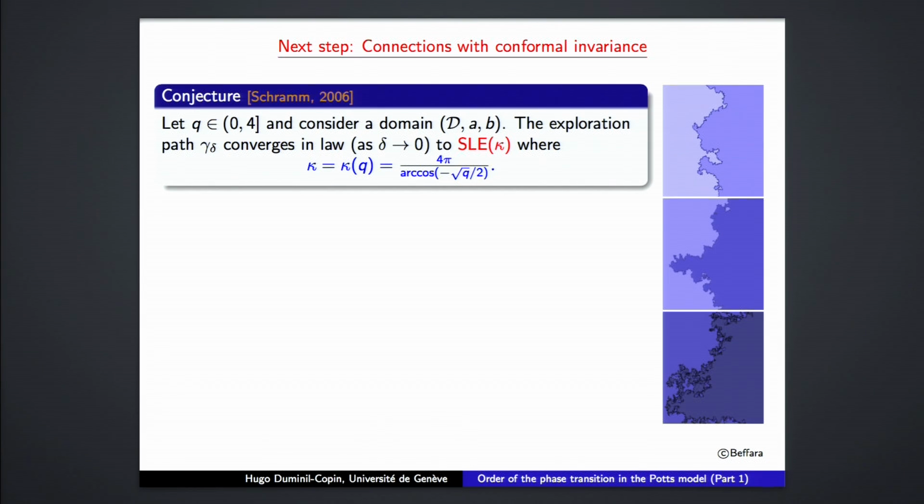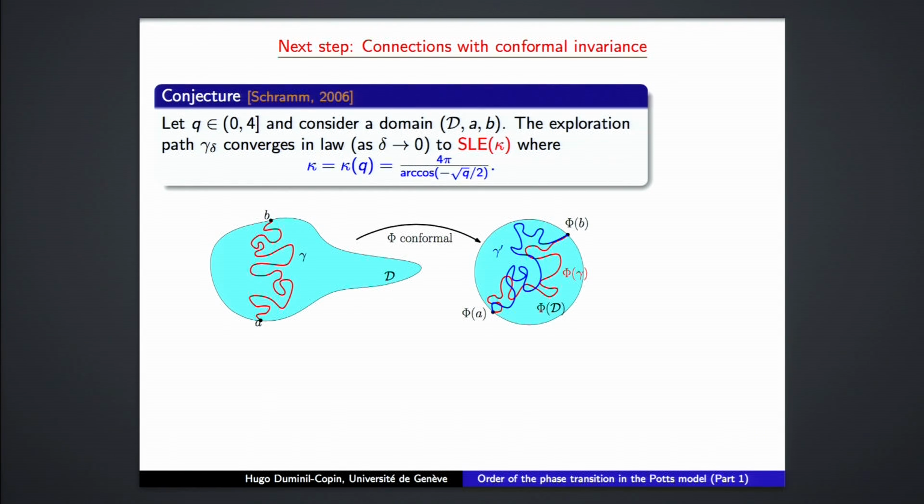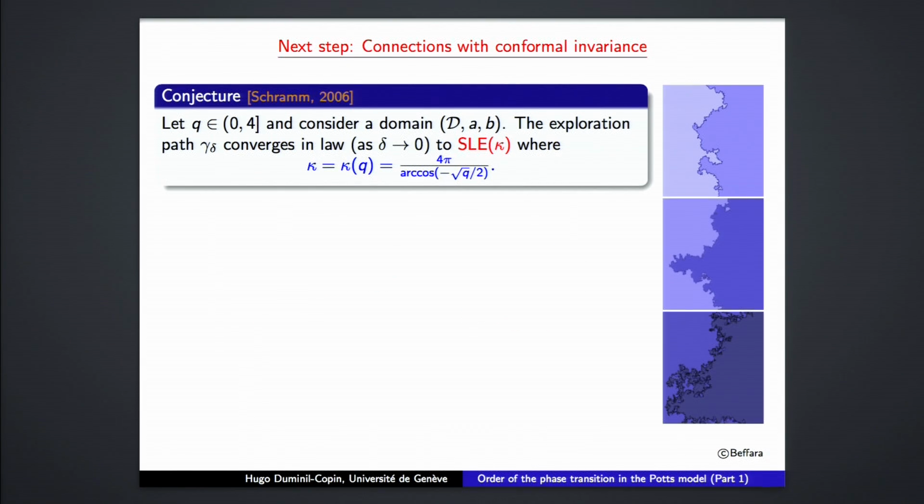And one beautiful fact about the Schramm-Loewner evolutions is that they are conformally invariant, in the sense that I gave you a domain D, my favorite domain D, 2 points on the boundary, and I told you take this limit when delta tends to 0 and look at the limit of this exploration path. It gives you this random path from A to B in the domain, and note that this random path is very nice.